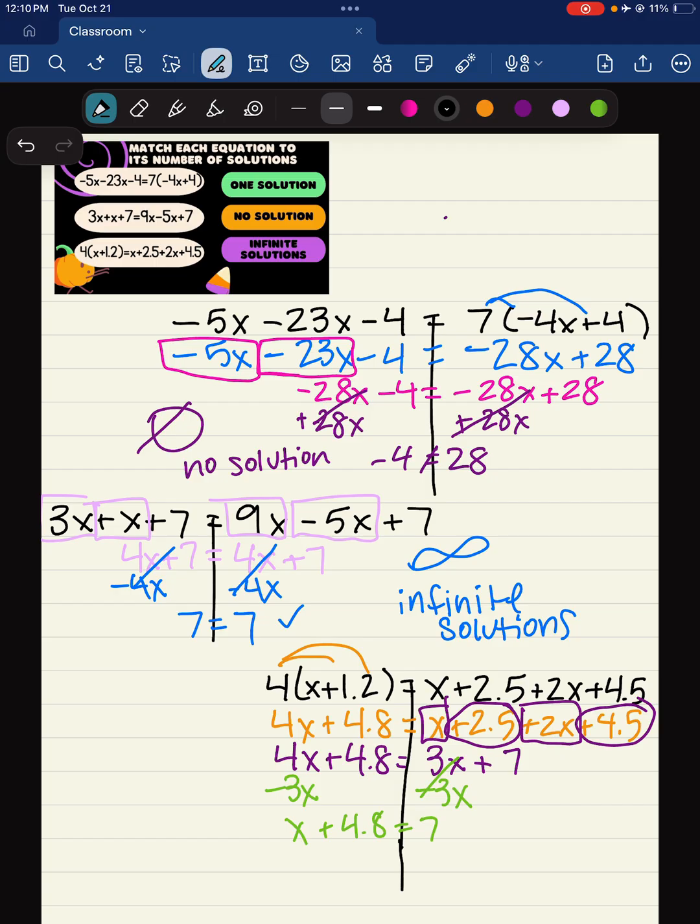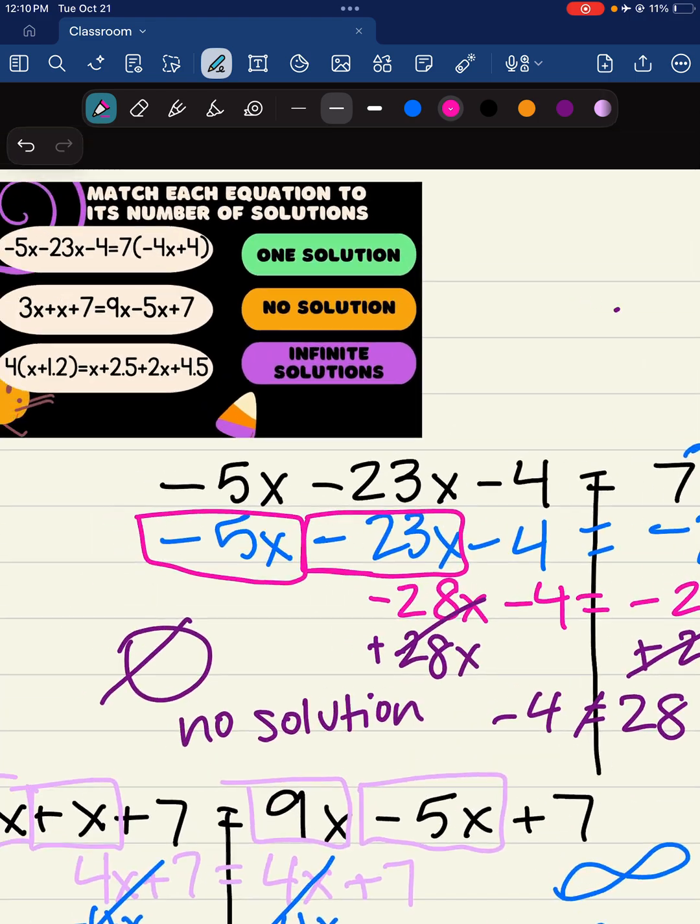So then a couple more steps here. We're going to subtract 4.8 on both sides. That cancels. So x equals 2.2, which means there is one solution because x equals a number.